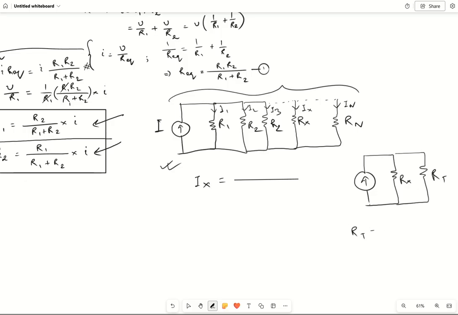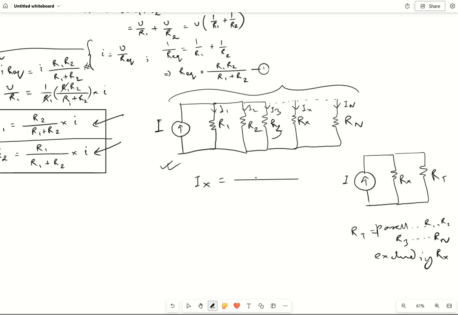RT is the parallel combination of R1, R2, R3, like this up to Rn, excluding Rx, right? So we can represent all the resistors together by a resistor which is called RT, which is nothing but the equivalent resistance. So R1 parallel to R2 parallel to R3 up to Rn excluding Rx, because Rx we are considering here. Okay, and the input current is I.